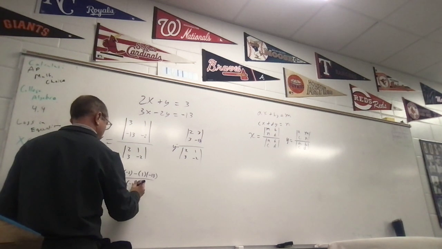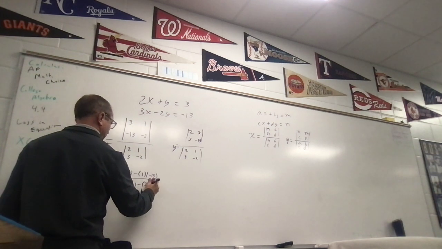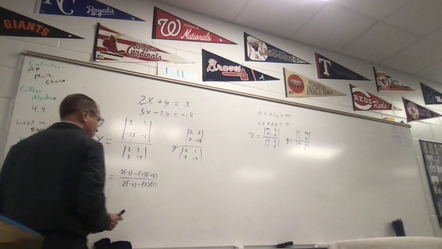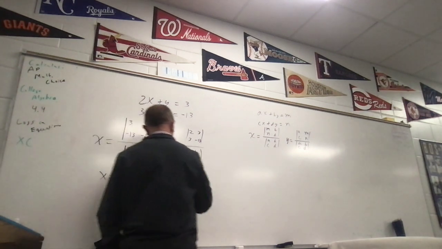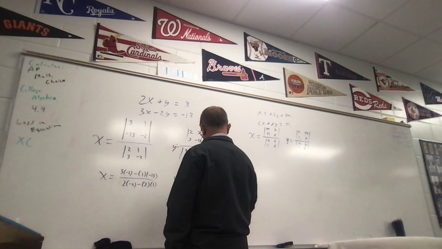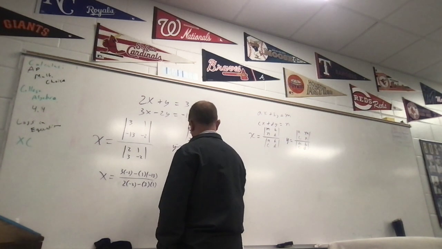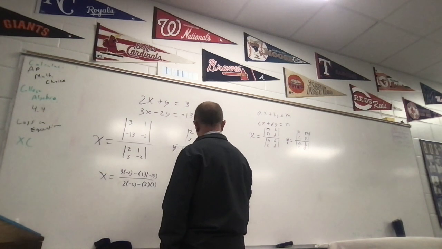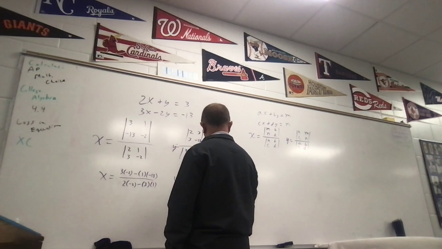Got 2 times negative 2 minus 3 times 1. And then for y, 2 times negative 13 minus 3 times 3.